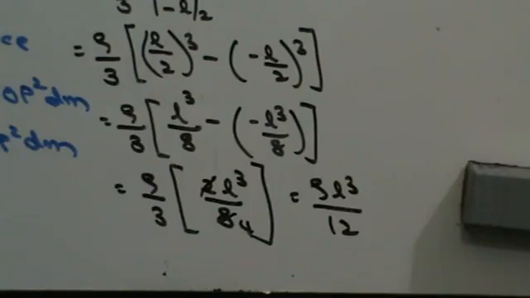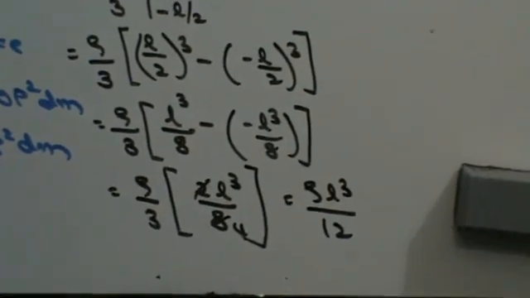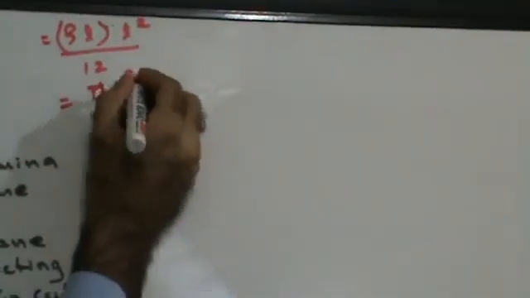Now this can be written as rho L into L square by 12, but rho L is nothing but the mass of the body, so ml square by 12. So moment of inertia of a body about an axis passing through the center and perpendicular to the rod is nothing but ml square by 12.